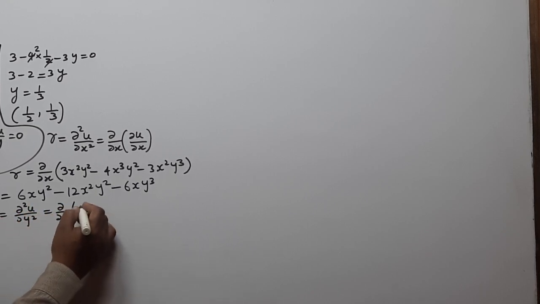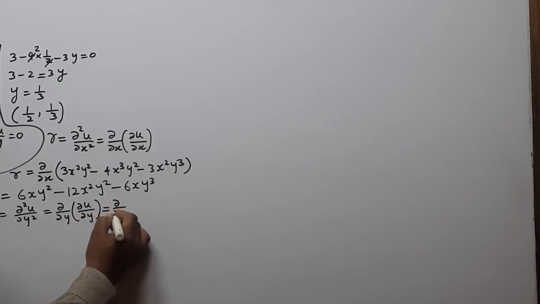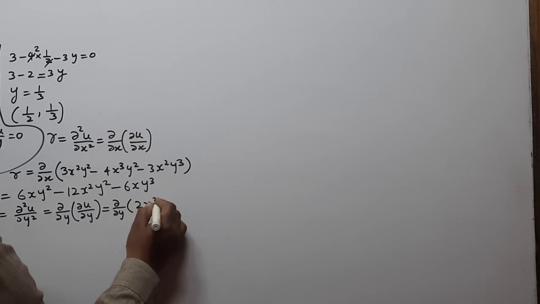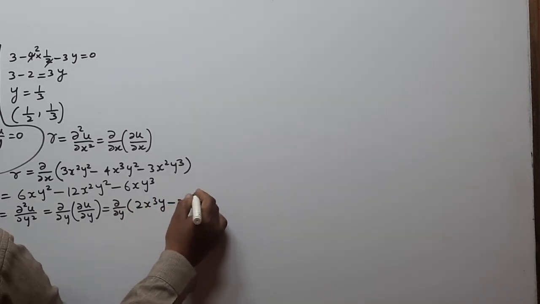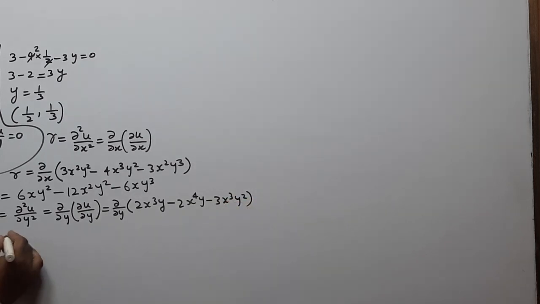Now we find t is equal to del 2u by del y2, and this can be written as del by del y of del u upon del y, and you can see here del u upon del y is 2x cube y minus 2x to the power 4 y minus 3x cube y square.